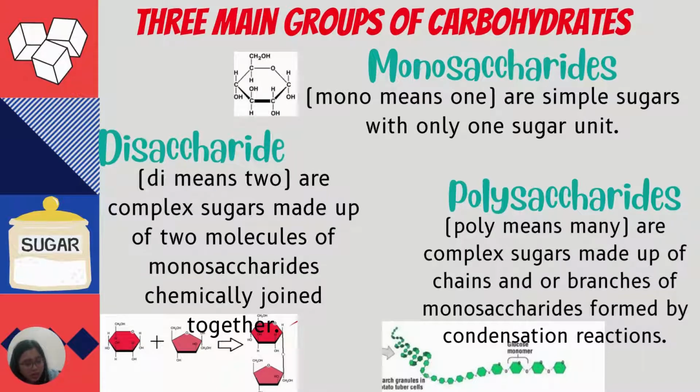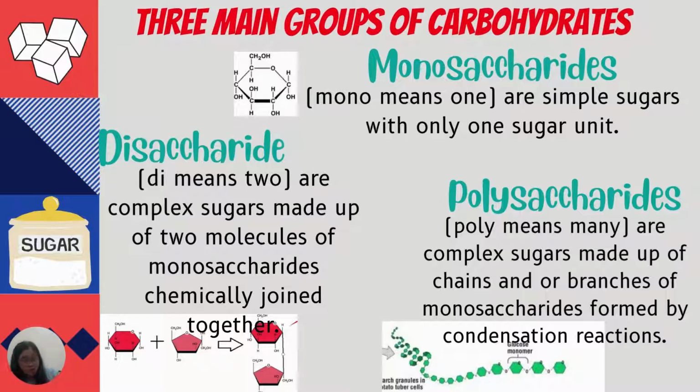For disaccharides naman, di means two. They are complex sugars made up of 2 molecules of monosaccharides chemically joined together. Meaning, monosaccharide plus monosaccharide, pag pinag-combine mo sila, you will now be forming a disaccharide. And for polysaccharide, poly means many.